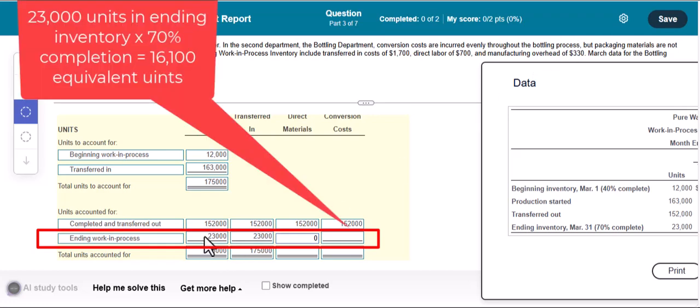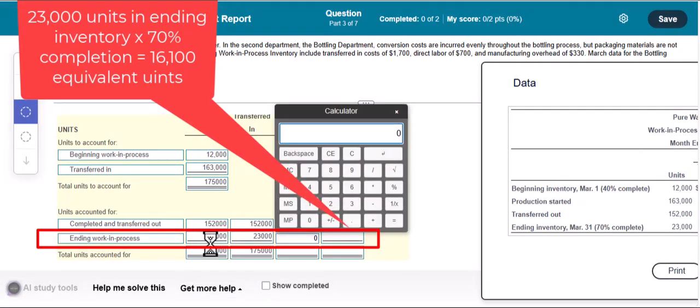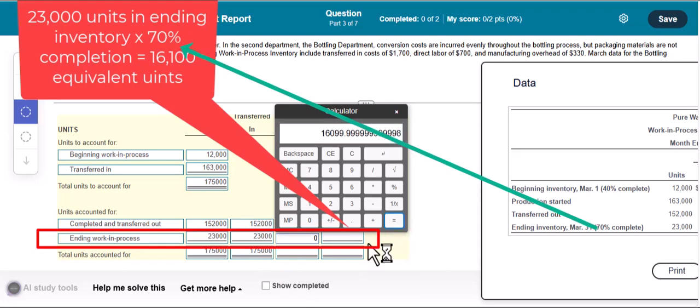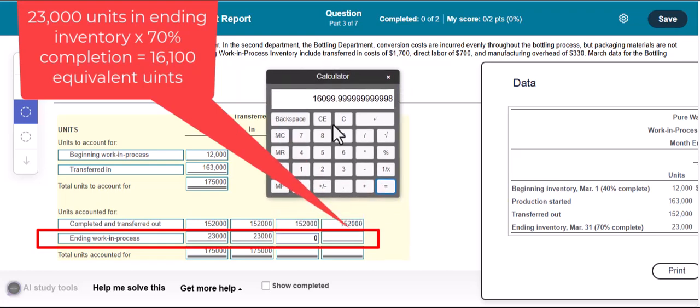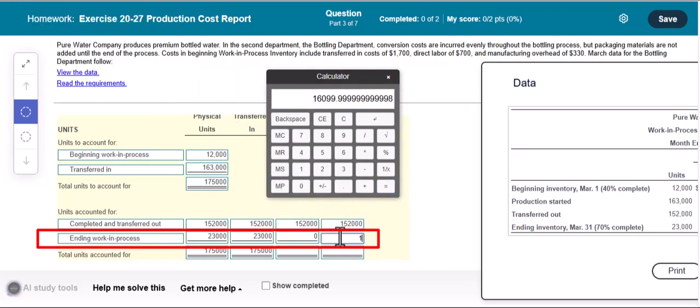So we're going to take these 23,000 units and multiply by 70%. We have 23,000 times 0.70, and that is going to give us, if we round, 16,100 in conversion cost for the ending work in process.